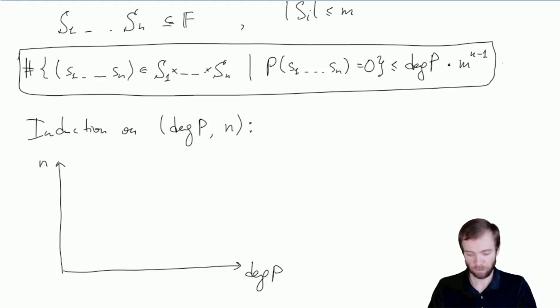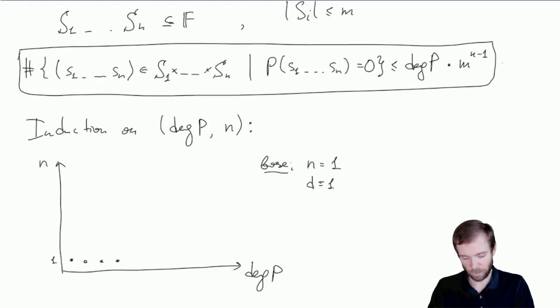Our base case would be when n is equal to 1 or when d is equal to 1. So we essentially have all these points covered by the base case when n is equal to 1, and all these points covered by the base case when the degree of the polynomial is equal to 1.